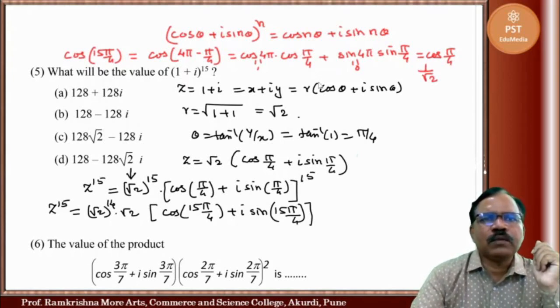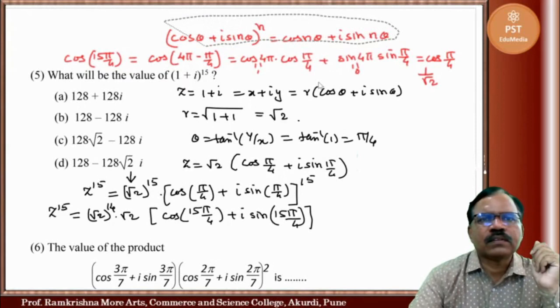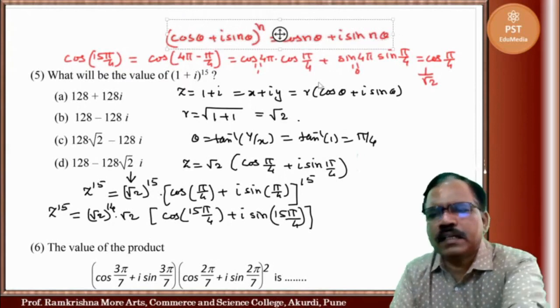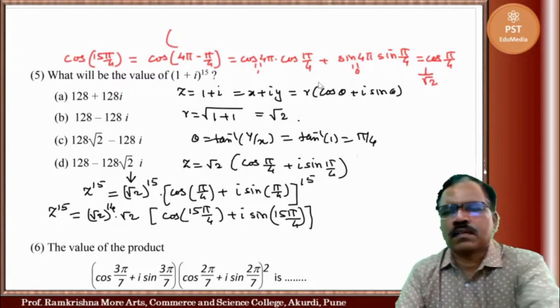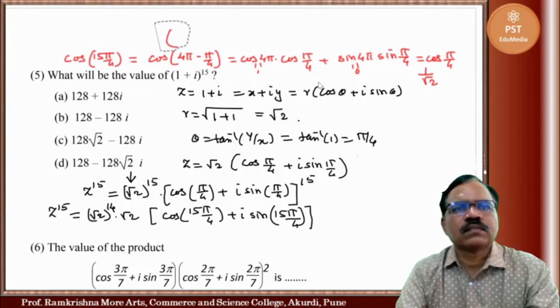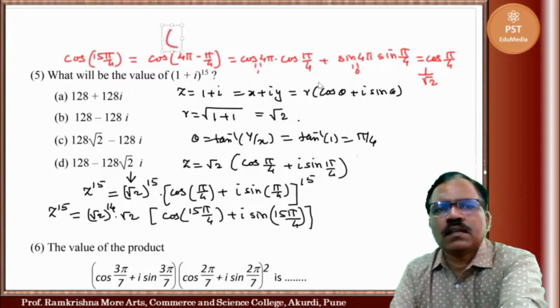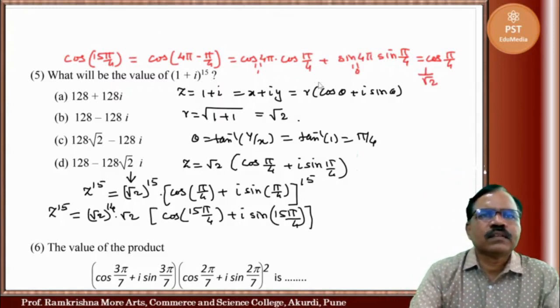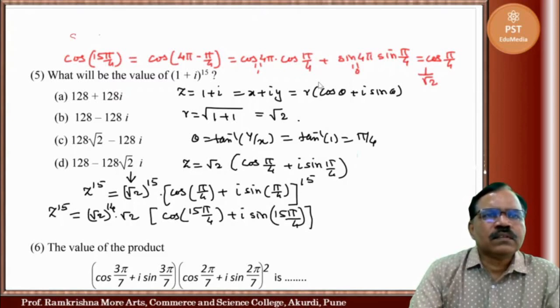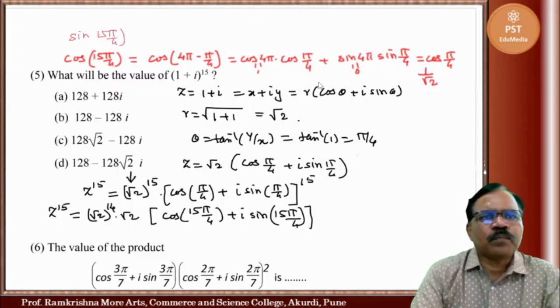Now the second term we can find. What is the second term? That is sin 15 pi by 4. So it is also sin of 4 pi minus pi by 4.